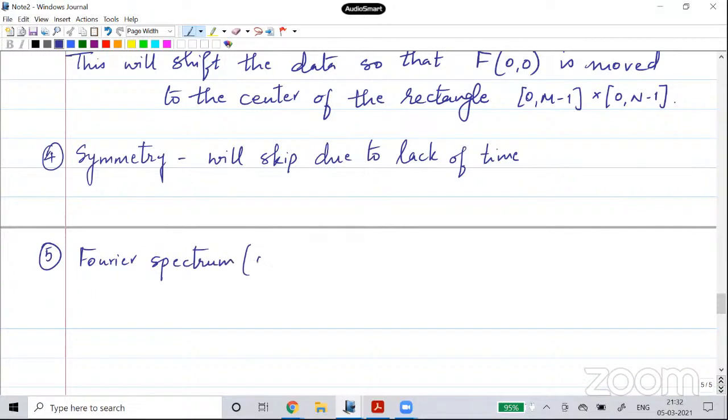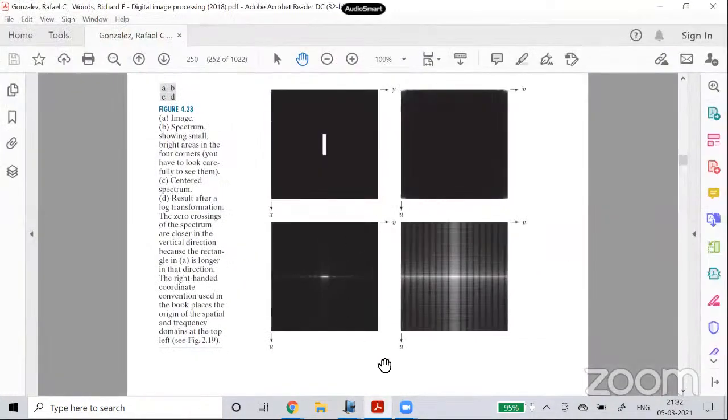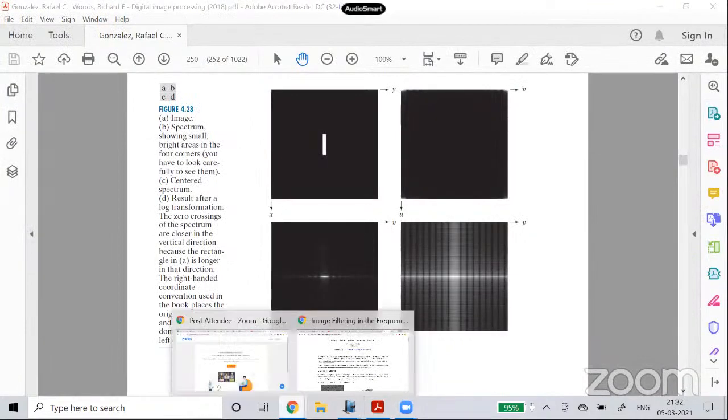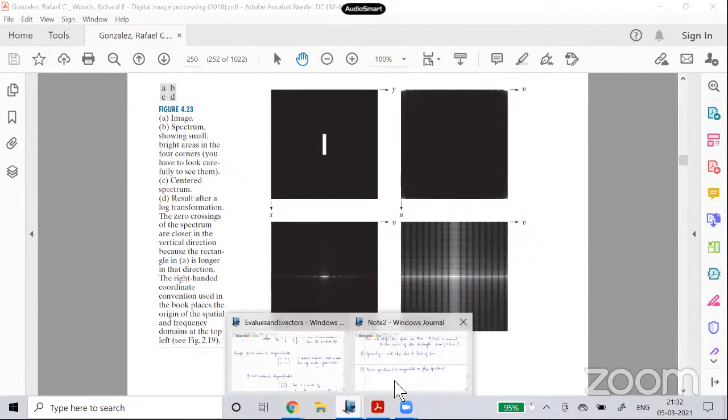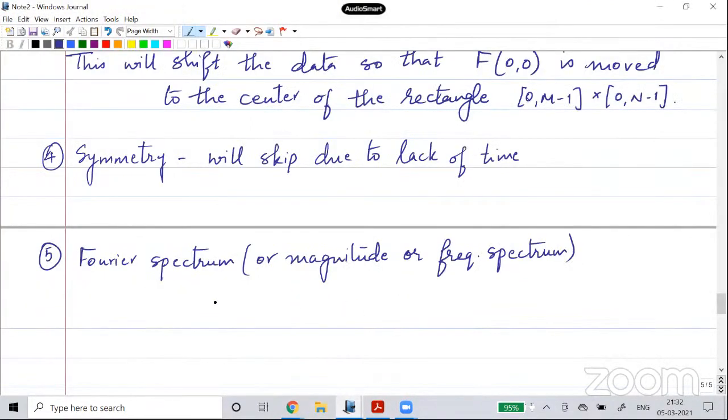This is also called the magnitude or frequency spectrum. This is what is being plotted in this image here, the magnitude spectrum. We know that F(u,v) is a complex number.